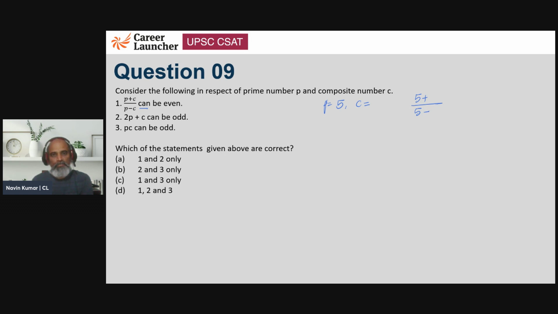Instead of 5, let's take a bigger number, because composite numbers below 5 are limited. So let's take P as 11. So what if we take 10? Then it isn't even. We have to think of a case where the denominator becomes 2. 11 plus 9 is 20, and 11 minus 9 is 2. 20 by 2 is 10, which is even.